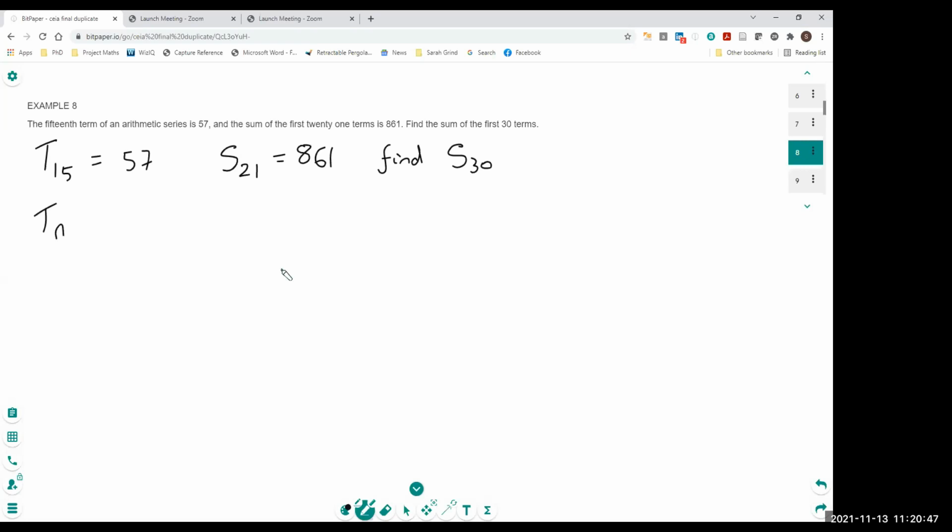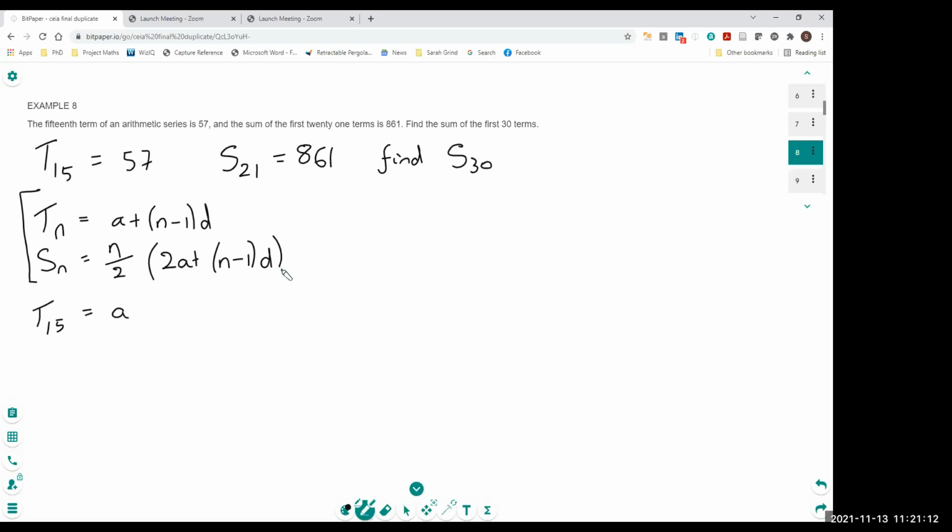So T of n is equal to a plus n minus 1 d, and the S of n is equal to n over 2 times 2a plus n minus 1 d. Those are the general formulas. So T15 is going to be equal to a plus 14d, and we know that's equal to 57.